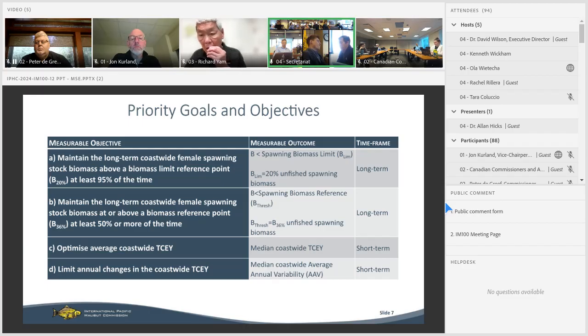So making sure it doesn't really go below that level. The objective B is maintaining that female spawning biomass above B36% at least 50% or more of the time. So just maintaining it above that proxy for MEY. And then we have optimized average coastwide TCY, or the yield, and then limiting the changes in the coastwide TCY, those interannual changes.